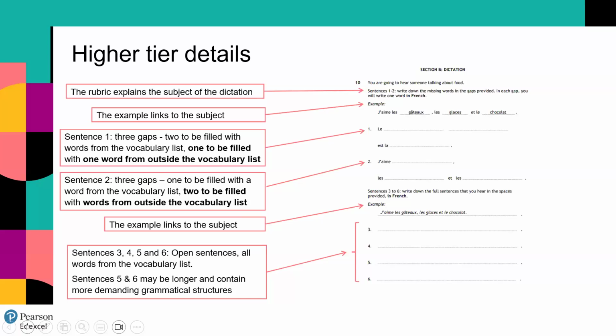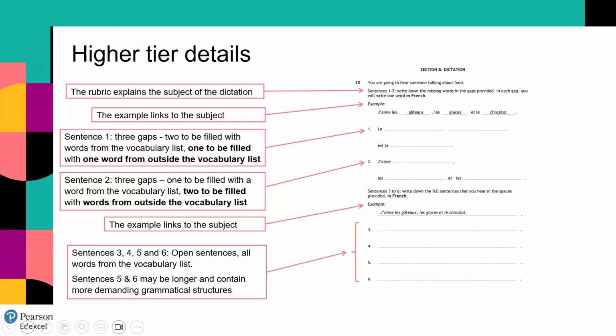There will be 1 in sentence 1, and there will be 2 in sentence 2. So something to remember: 1 word in sentence 1, 2 words in sentence 2. Again, where they are depends on the sentence coherence, but they know that. So in sentences 1 and 2, 3 words outside.